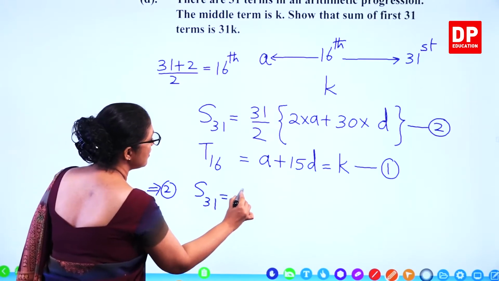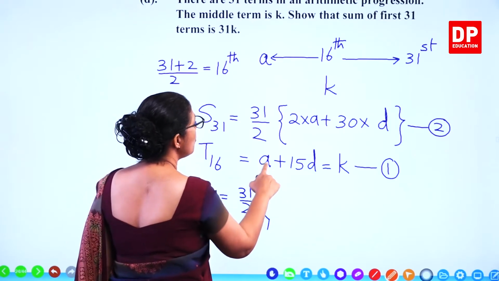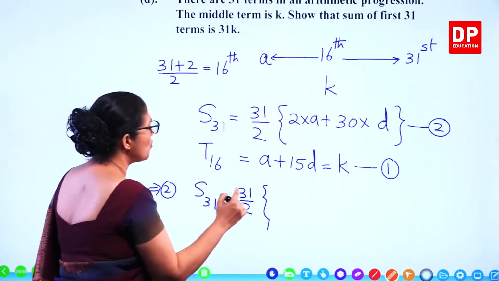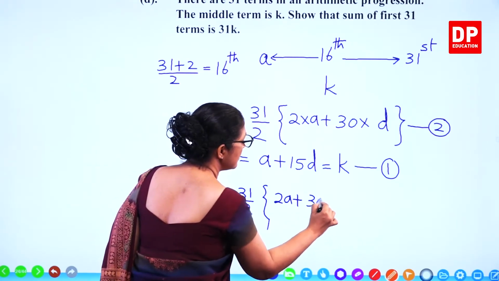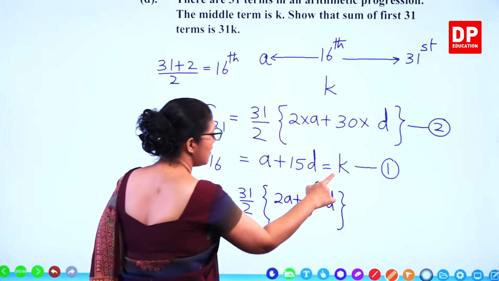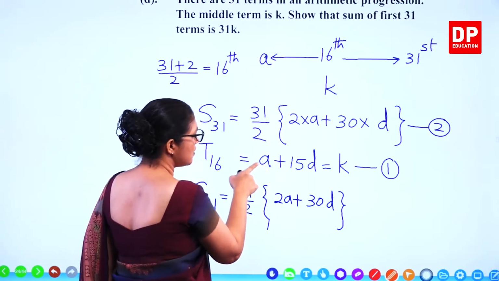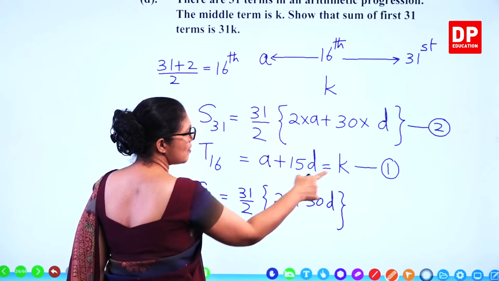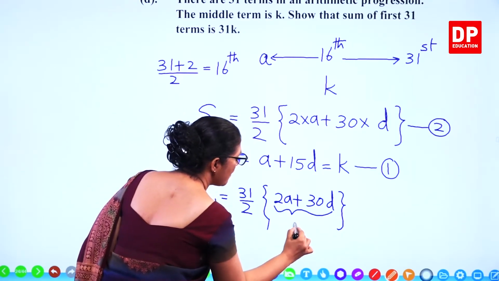S31, 31 over 2. 2a is there. 2a and 30d. Now see, when you multiply the first one by 2, what you get? 2a and 30d. So that means 2k. So instead of that, we can write 2k.